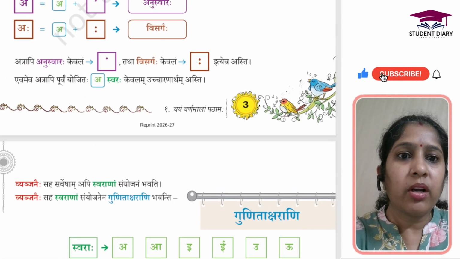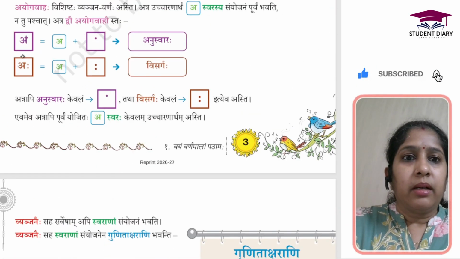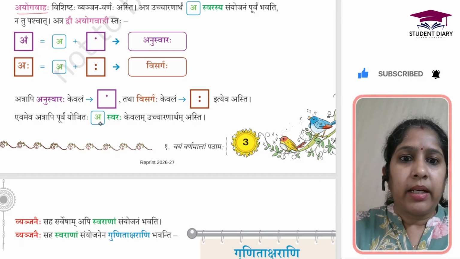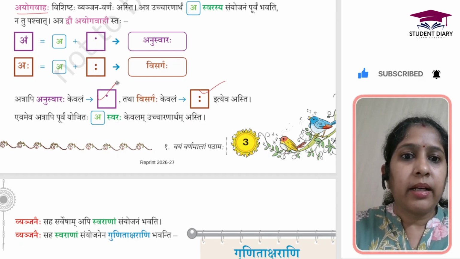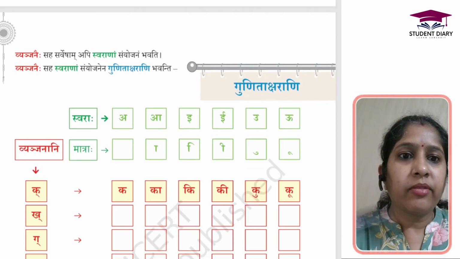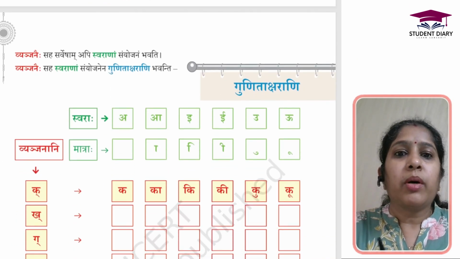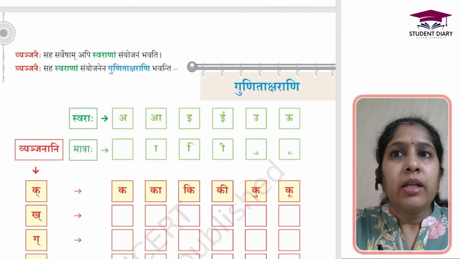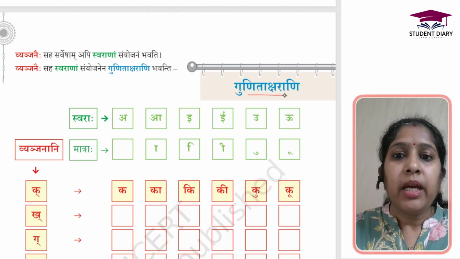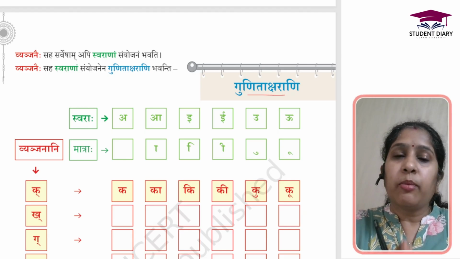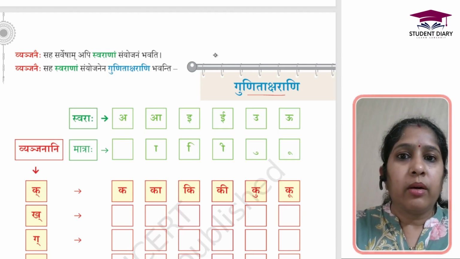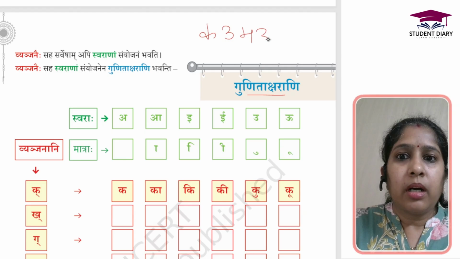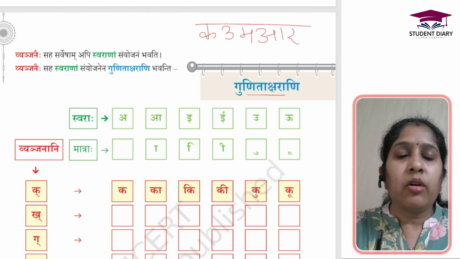I think we had already completed the ayog bahar, right? So now let's proceed after this. Now we are going to talk about the matras, gunitakshara basically. Suppose you have to write Kumar. We can't write it like ka, u, ma, ar. According to our swar and vyanjan, we can write Kumar like this.